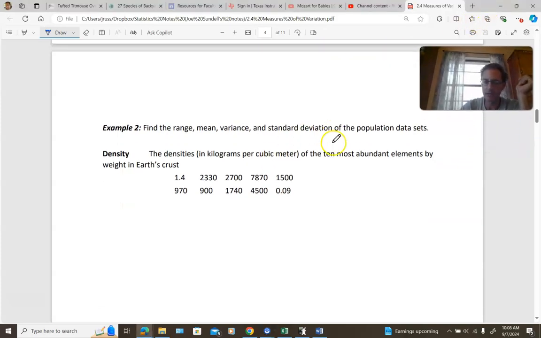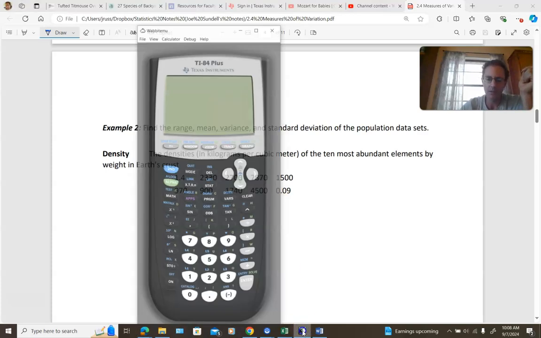It says here to find the range, mean, variance, and the standard deviation, but we're going to find the variance, the standard deviation, and even the mean using the calculator. In fact, I think we'll use the calculator for all of this.